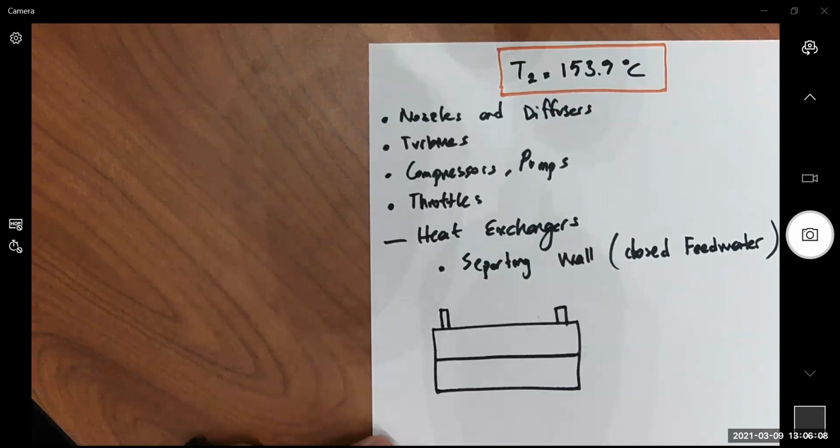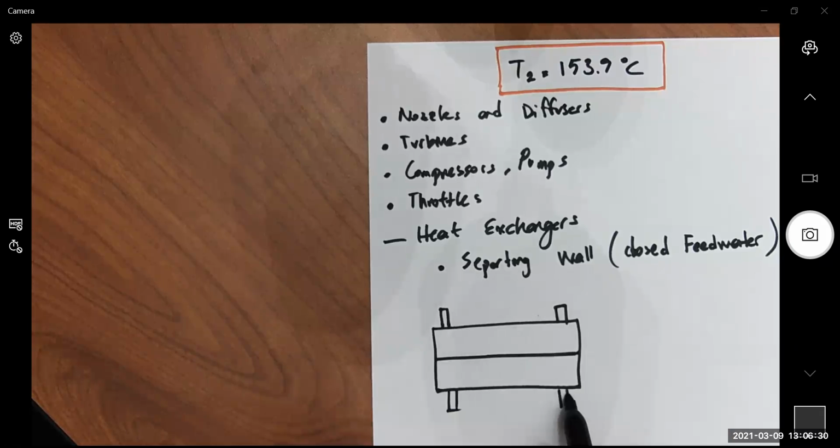I try to simplify as much as I can by using one inlet and one outlet, and I try to emphasize that's not always the case. You might have multiple inlets and multiple outlets on the same device.